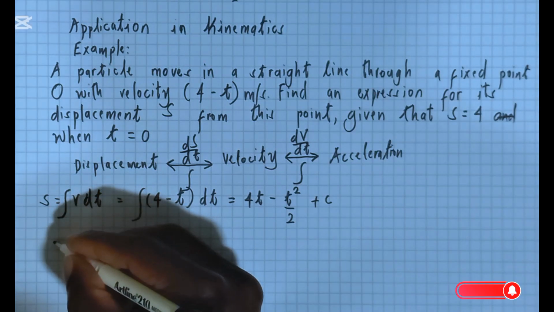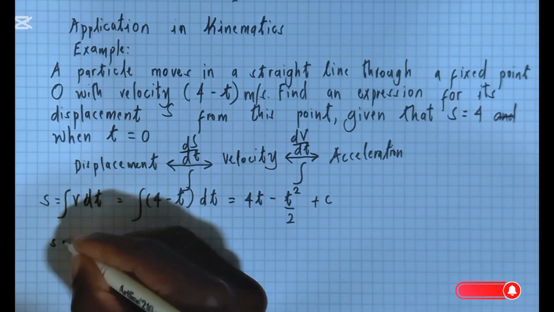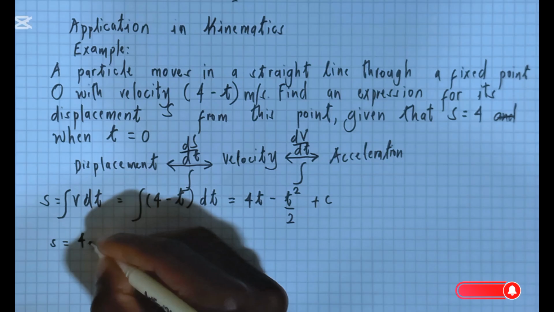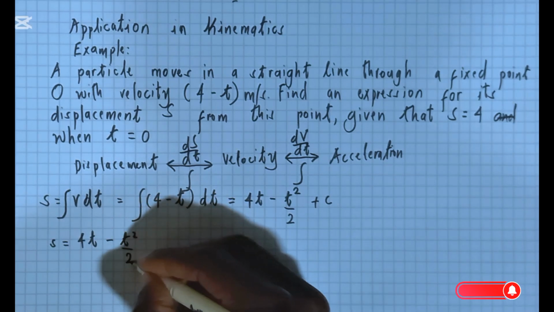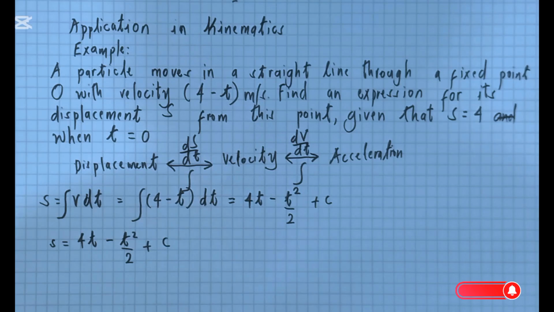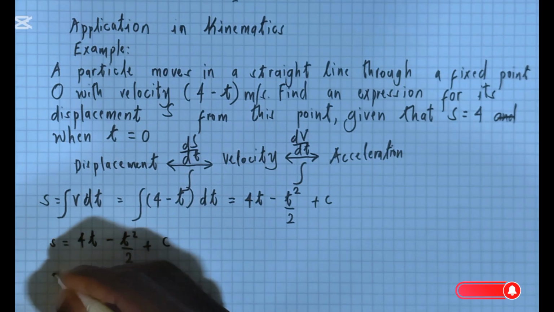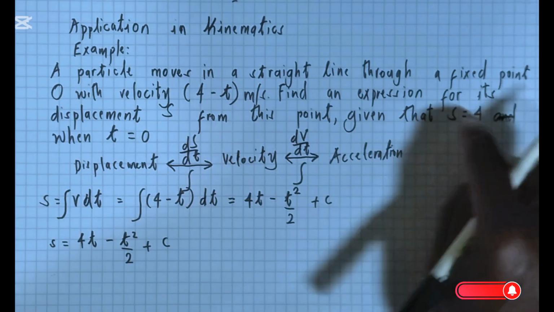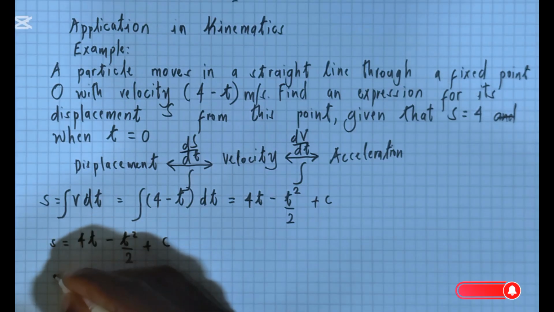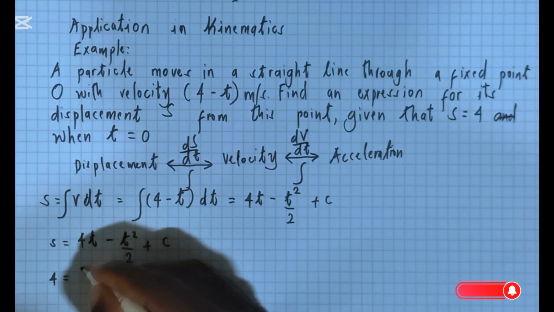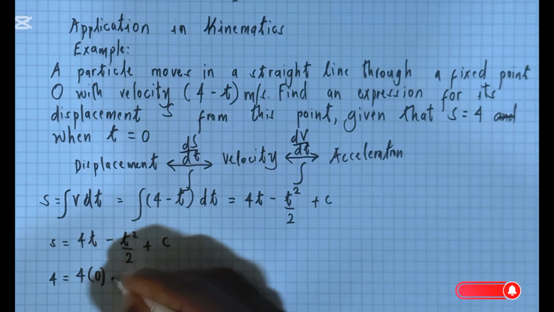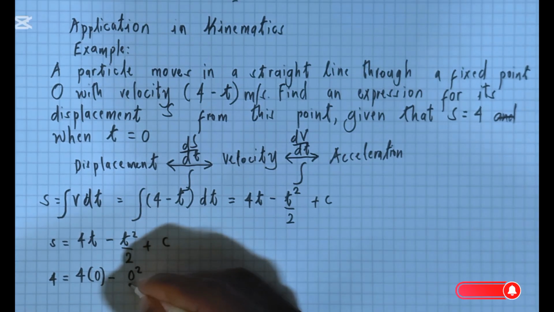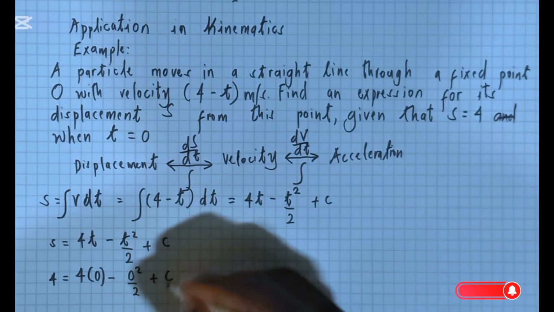So s, which is equal to 4t minus t squared all over 2 plus c, will be, wherever we have s we put 4, and wherever we have t we put 0: 4 equals 4 times 0 minus 0 squared all over 2 plus c.